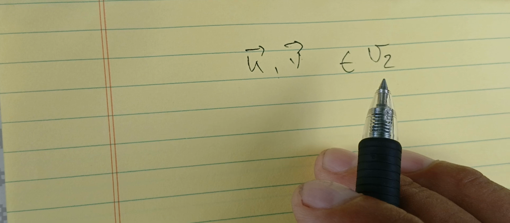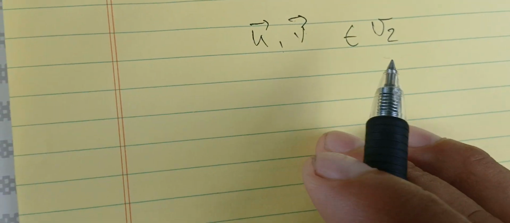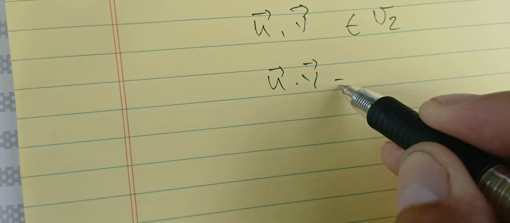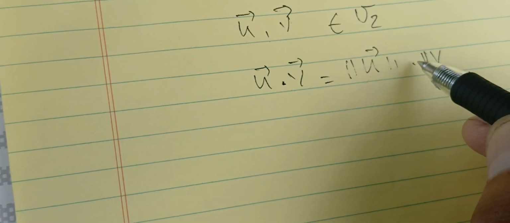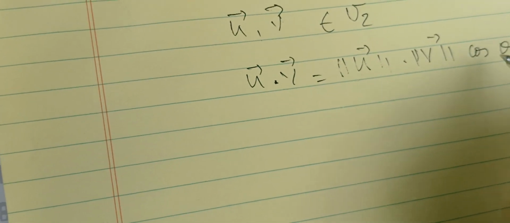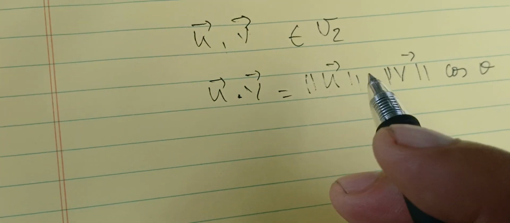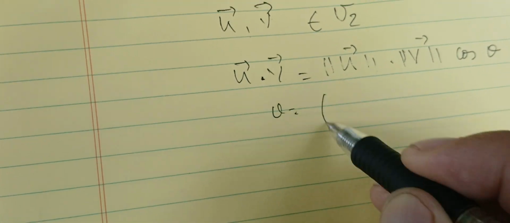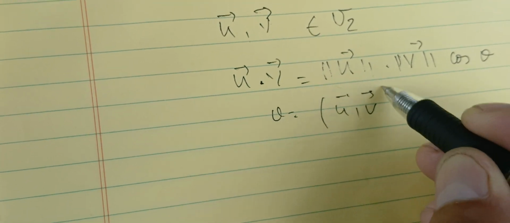I define the dot product of u and v, and the dot is coming from this dot here, as the norm of u times the norm of v times cosine of theta. Theta is the angle between the two. So here theta is this angle between these two.